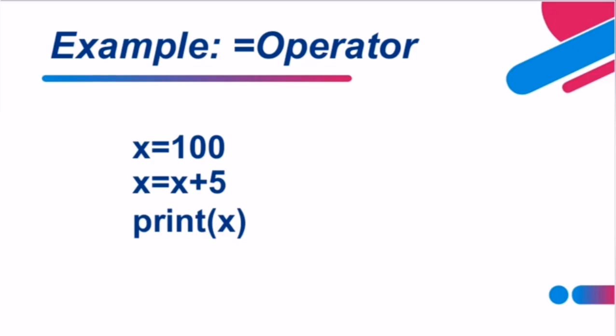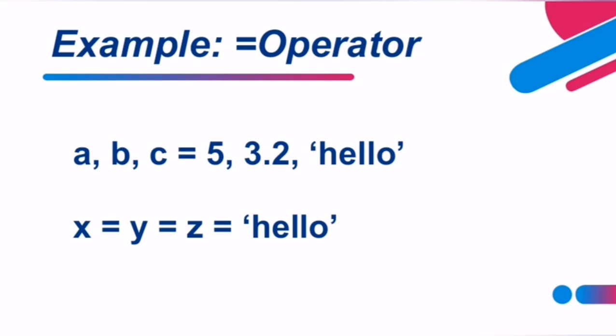Now we will see a second example of the equal operator. In Python you can assign multiple values to multiple variables at once. Here in this example you can see a, b, c equal to 5, 3.2, hello. So a contains 5, b contains 3.2 and c contains hello.